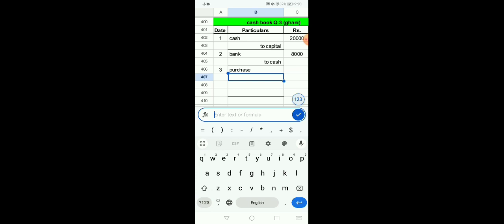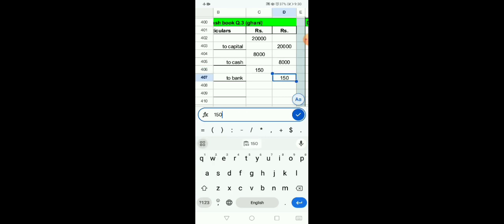The amount in your bank account will decrease. Bank is your asset, the asset is decreased, and a decrease in asset should be mentioned on the credit side, so you will mention the name of the bank on the credit side. Entry number 3 has 150 rupees, so you will write 150 on the debit side, and the same amount on the credit side. Entry number 3 is completed.